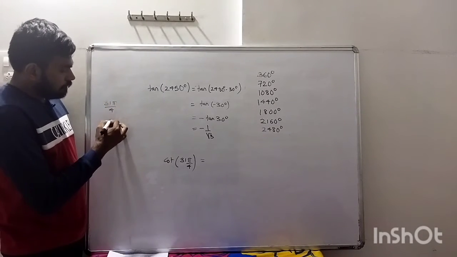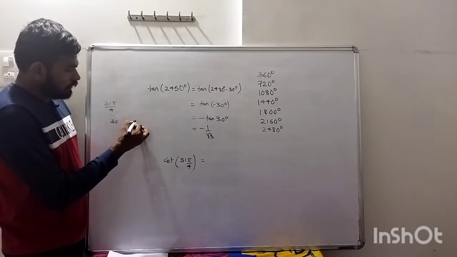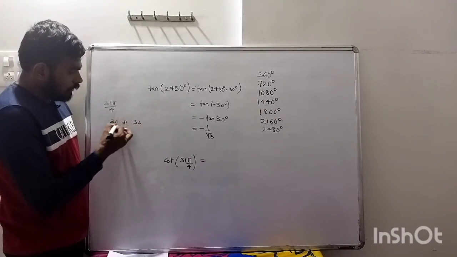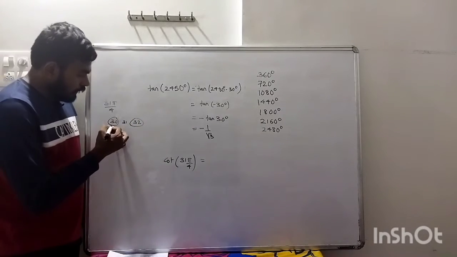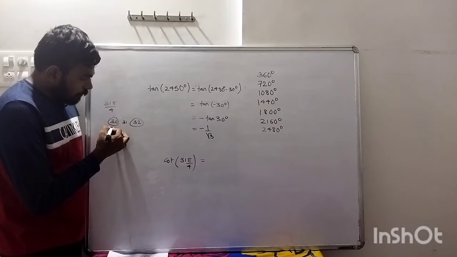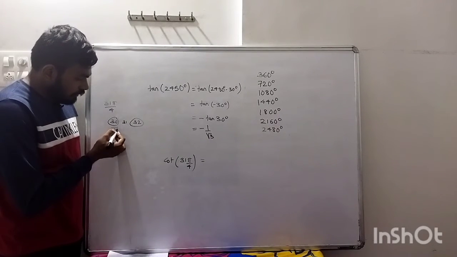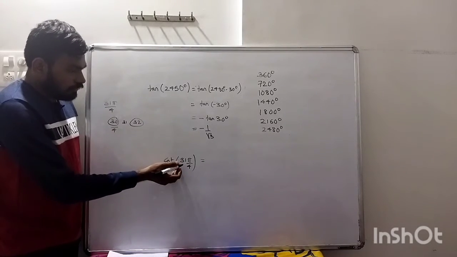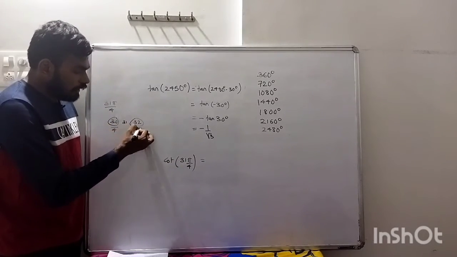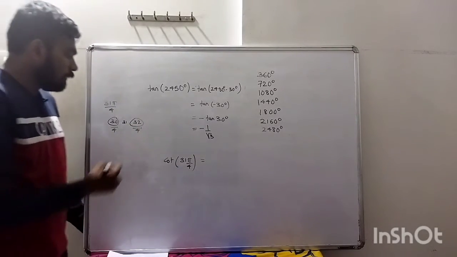Before this is 30, after this is 32. So 30 upon 4, you won't be able to get an exact value, it is not divisible, correct? Here it is divisible. 32 upon 4 is divisible.